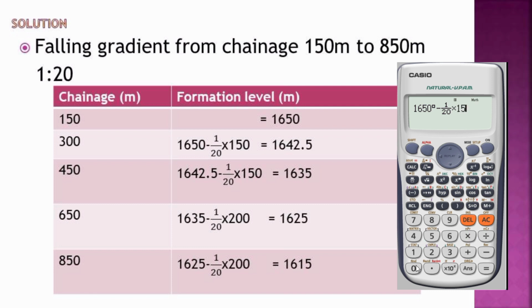1642.5. I use that data for the next chainage, which has a difference of 150 meters. I do the same. I use the formational level that was found on the 300 meter chainage. That is 1642.5 minus 1 over 20 times 150, getting my answer as 1635 meters.